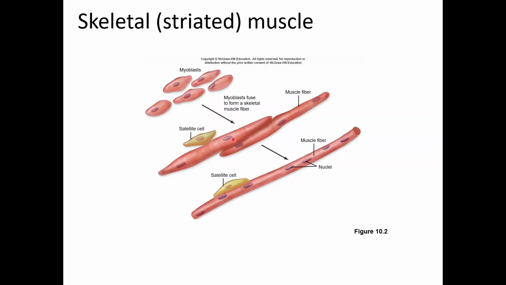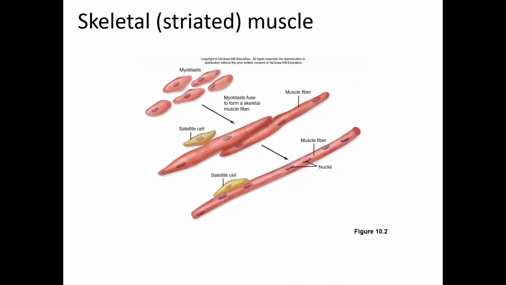Some of those cells that choose not to fuse will become satellite cells, and we'll talk about that a little bit later as well. So skeletal muscle is under voluntary control, multinucleated, and has a definitive striated or banding pattern.